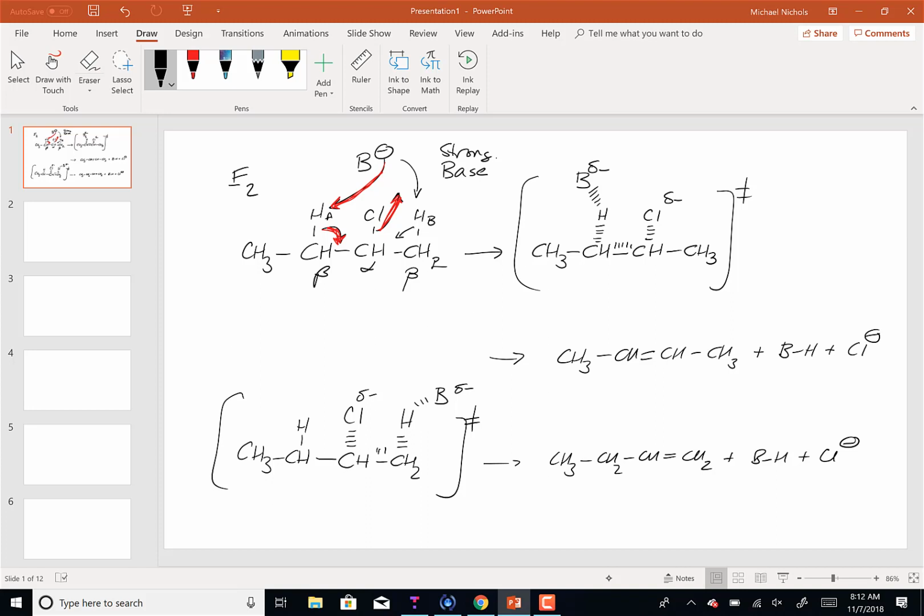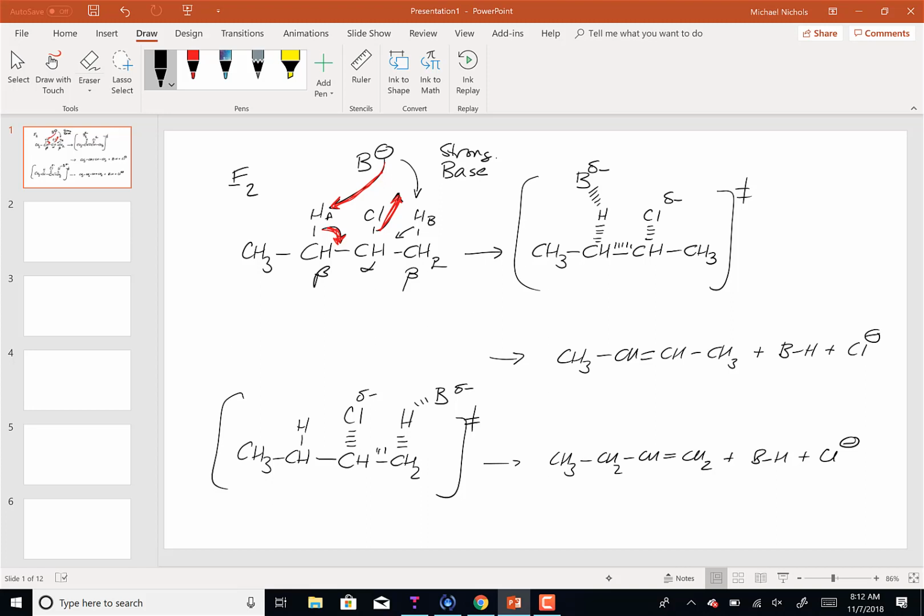And then you're going to form a double bond between the alpha and the beta carbons if there's a beta hydrogen that can be lost. Now that's going to get a little tricky here with E2. With E1, if you have a beta hydrogen, it can be lost. And I'll explain why and what the difference here is in E2 in a minute or 30.